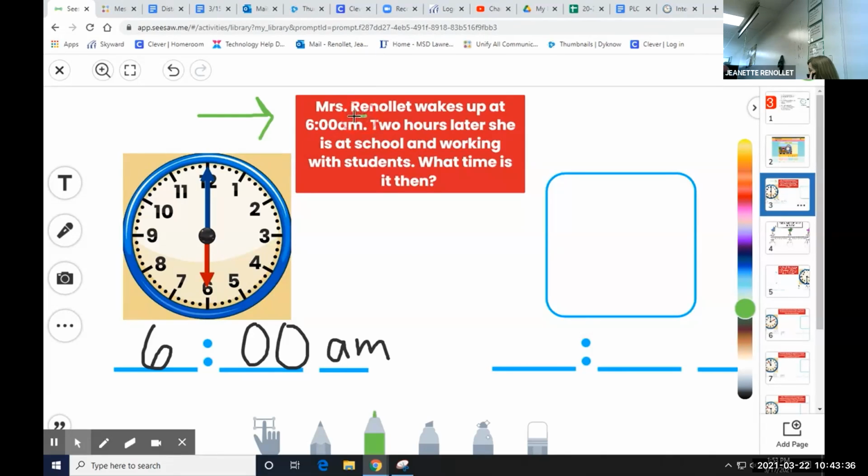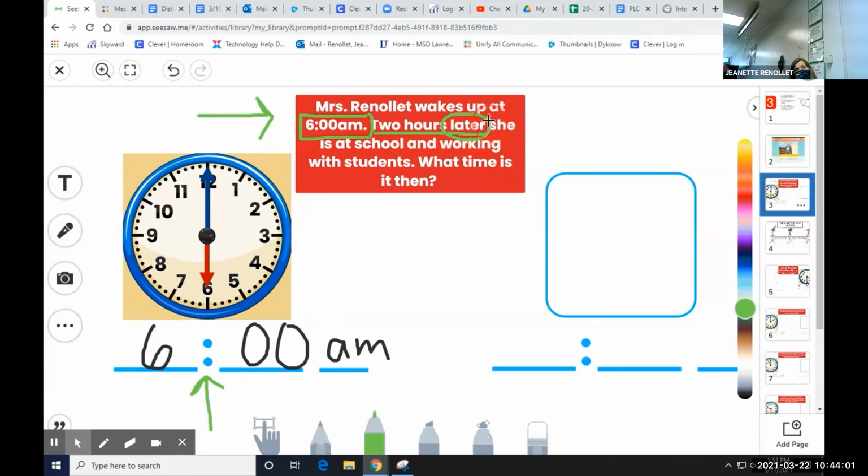Mrs. Renelay wakes up at 6 o'clock a.m. I notice my start time to the left matches what is in my story. My analog clock and my digital clock say 6 o'clock a.m. Next, I'm going to figure out how much time has passed. My story says 2 hours later.